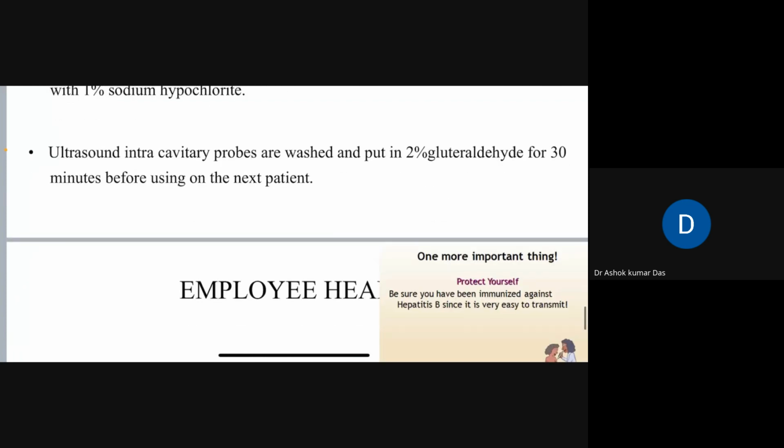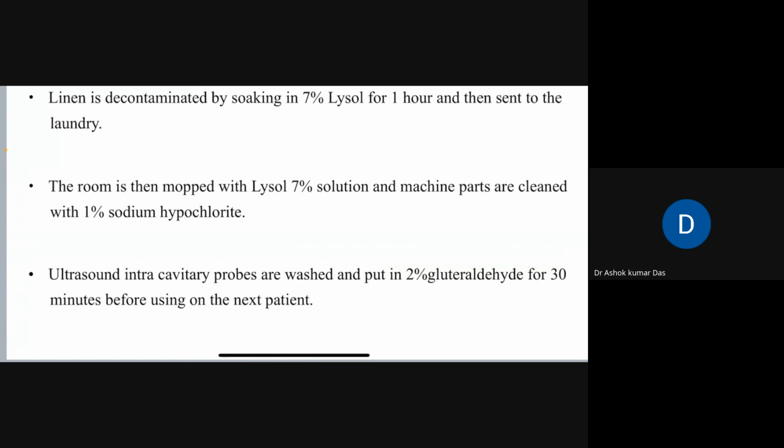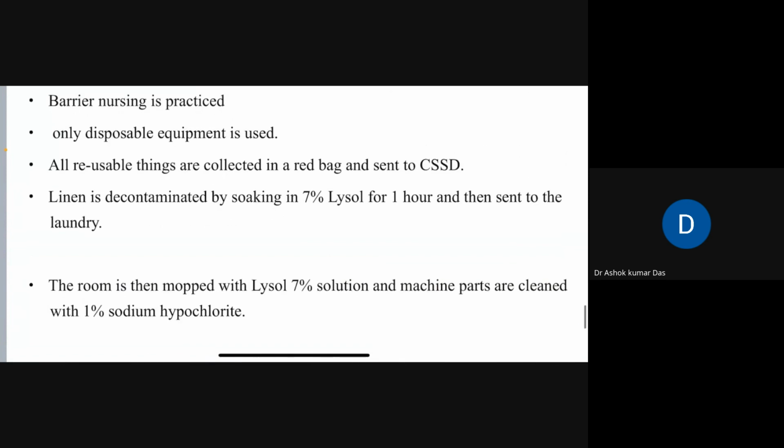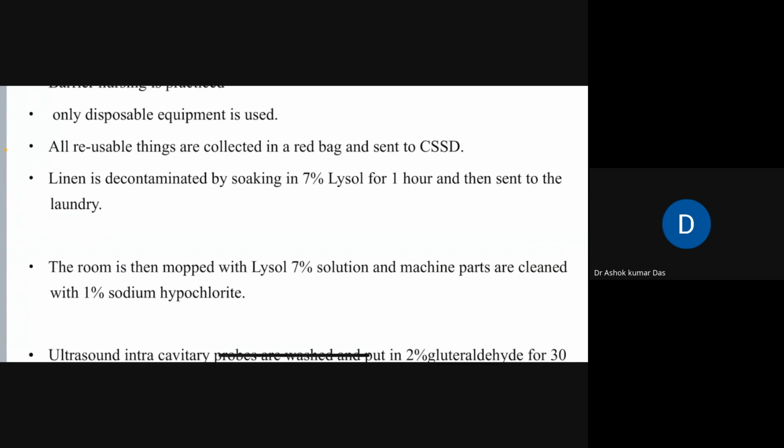So we have just checked a number of things. I started from hand hygiene, PPE, biomedical waste management, then the cleaning and decontamination of the equipment. As I said, that is very important. How to prepare that sodium hypochlorite every day in the morning. Somebody has to take this duty, checking whether freshly prepared hypochlorite is there.